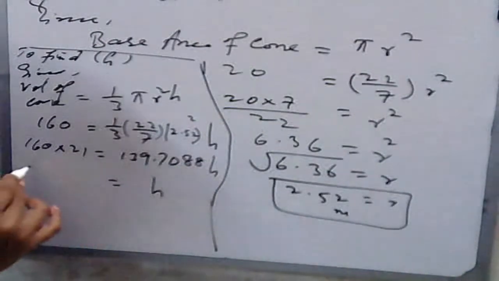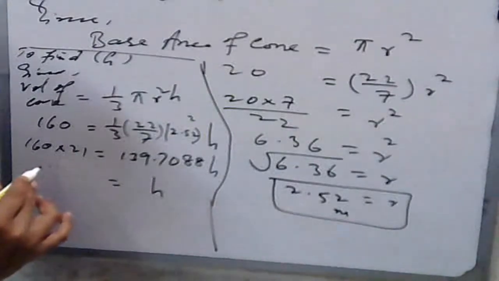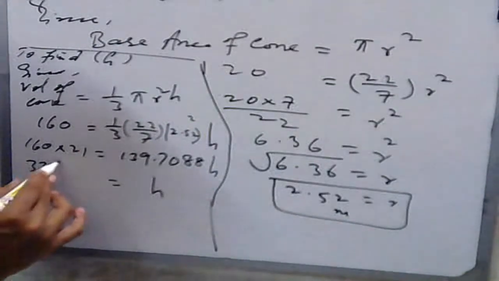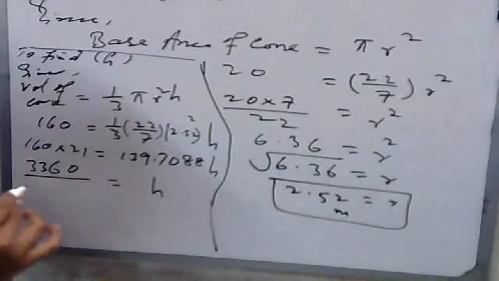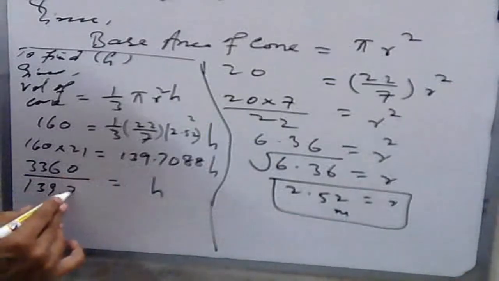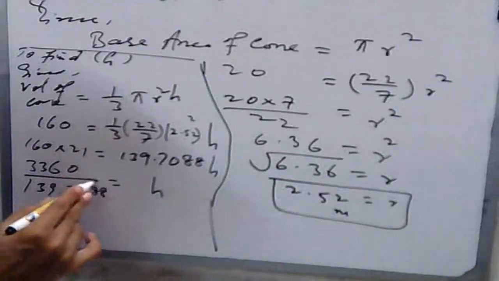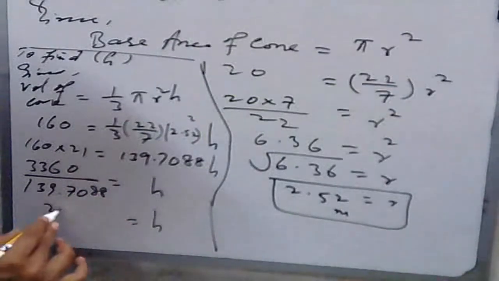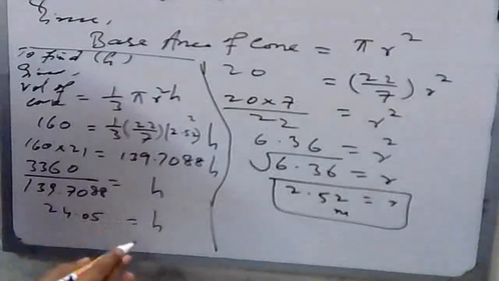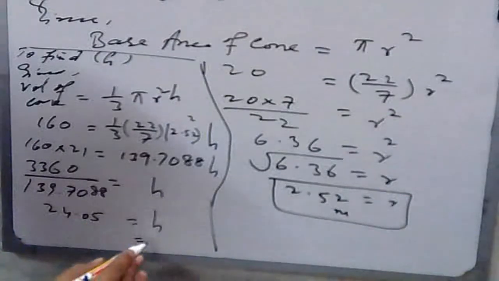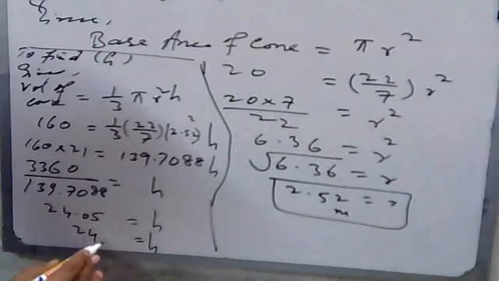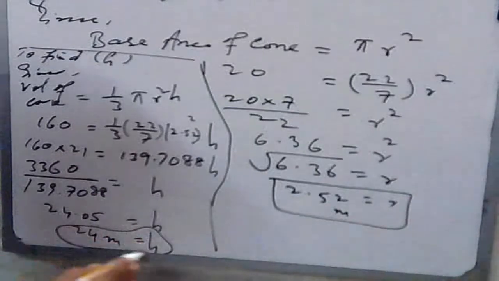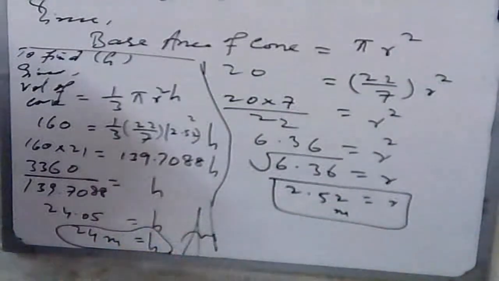We need the value of h, so 160 multiplied by 21 gives 3360 divided by 139.7088. So the value of h is 24.05, which is approximately equal to 24 meter. So that is your required result.